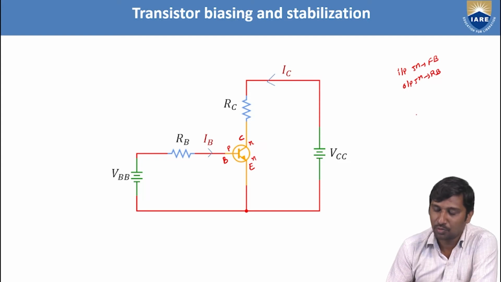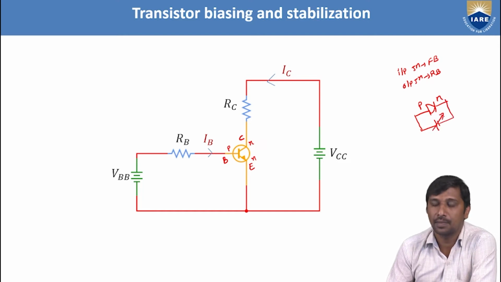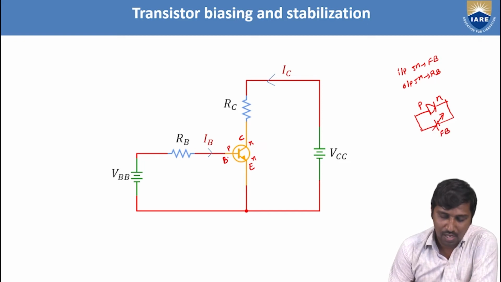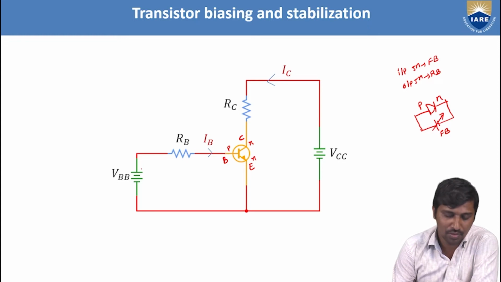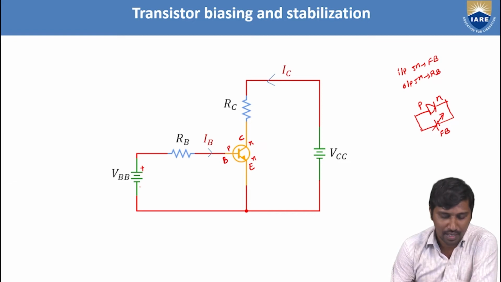To make it forward biased, take a normal PN junction diode, with P and N. When P is biased with the positive pole of the battery with respect to the cathode, that PN junction diode acts as forward biased. Here the base is made of P-type material, hence it is biased through the positive pole of the battery, and that biasing voltage is represented as VBB. Hence the emitter-base junction now acts as forward biased.